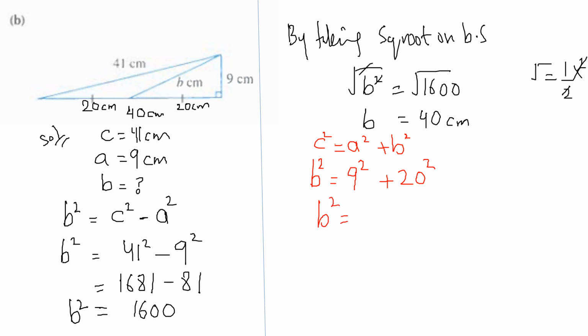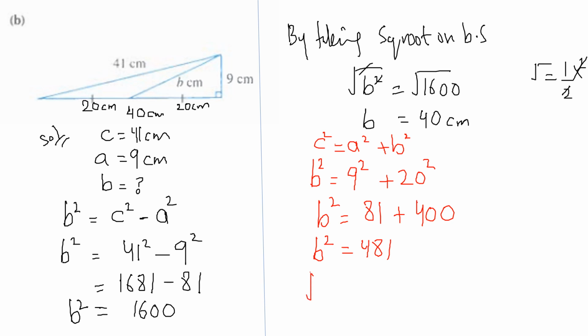B squared is equal to 9 squared is 81, and 20 squared is 400, right? Now 400 plus 81 gives you 481. Now you will come to know that 481 is not a perfect square.